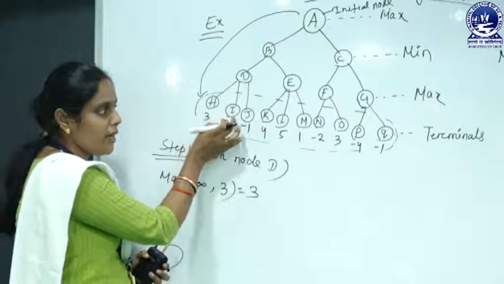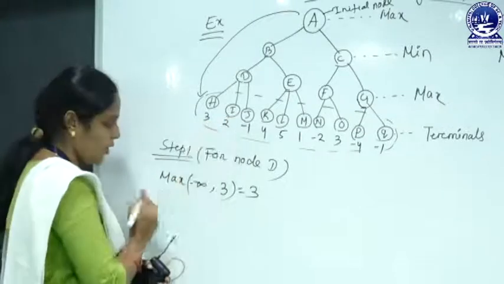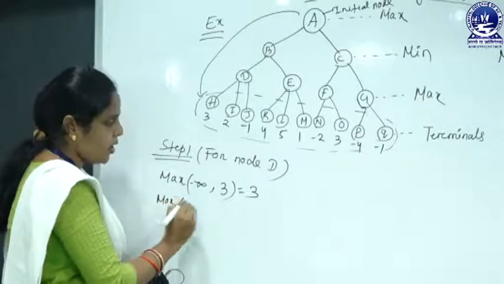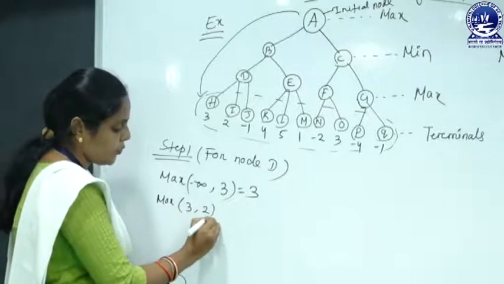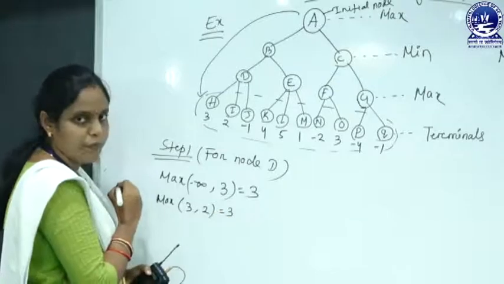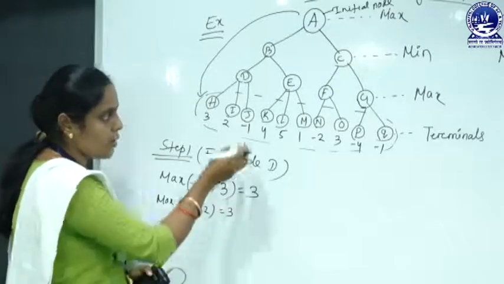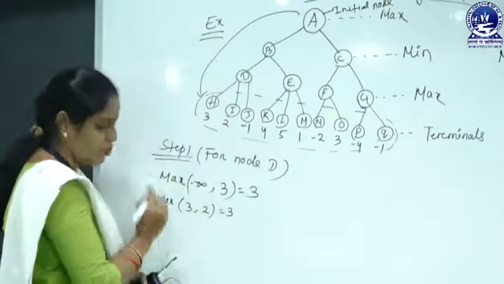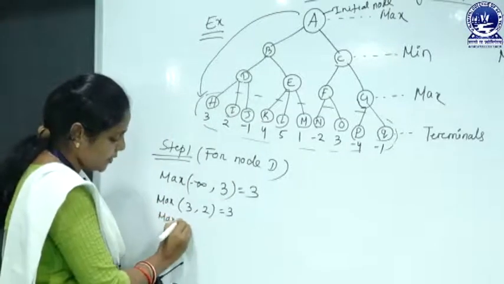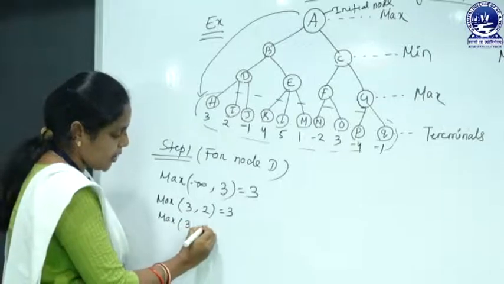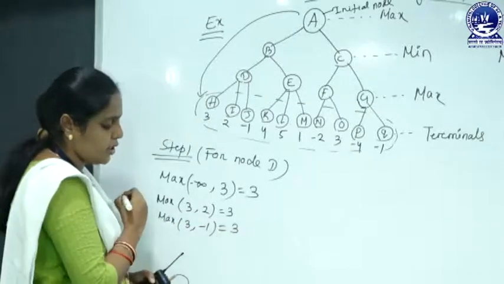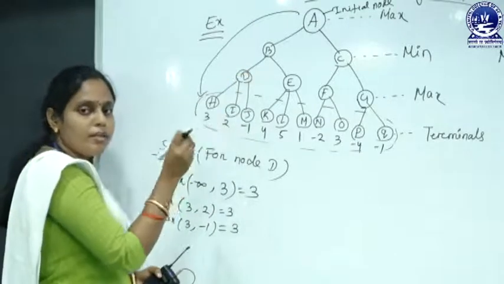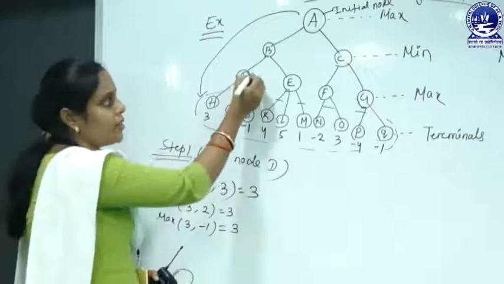Here the next terminal is I, whose value is 2. That means again we compare the maximum value between 3 and 2, which is equal to 3. Again we compare this value with the next terminal, that is j, whose value is -1. That means max of 3 and -1 is equal to 3. That means for this node D, our maximizer value or utility value is 3.